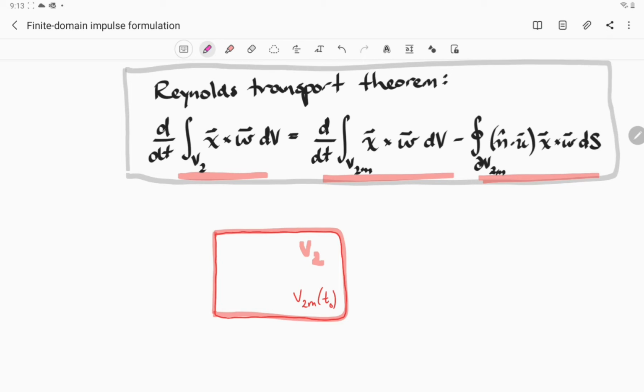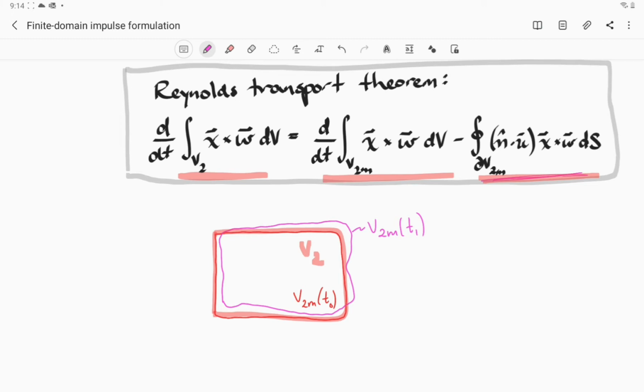So we'll have some slightly deformed volume, and the deformation relative to the original is related to the velocity at the surface. So then we have this relationship between the static volume and the material volume, and that's related via this flux term involving velocities at the surface. So this part is review. The Reynolds transport theorem should be something you've seen before in a standard momentum analysis.